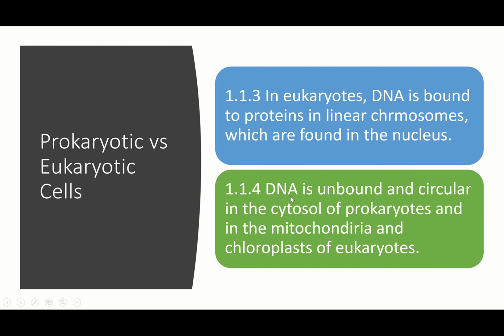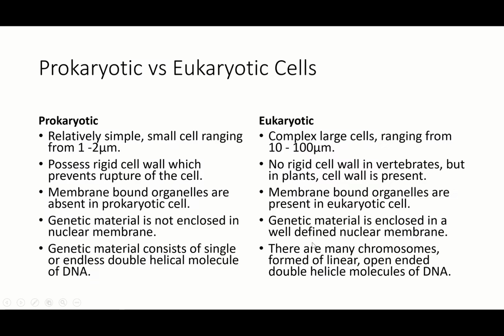They are not usually called chromosomes, although some people call them chromosomes, which is a weird thing. But yes, there are also circular and unbound chromosomes in mitochondria and chloroplasts. Now, this is something that we have learned about for years.